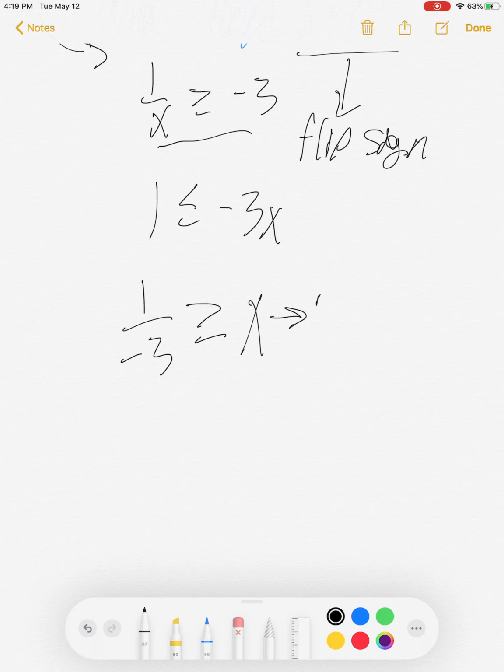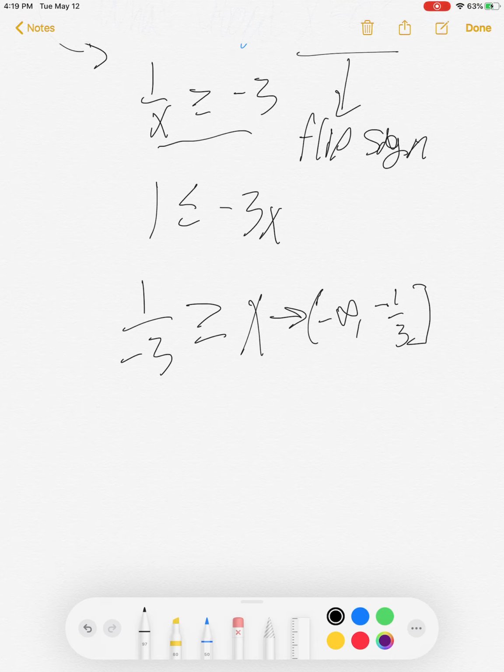This corresponds to the interval negative infinity to negative 1/3, and we are closing it at negative 1/3 because we are allowed to include that point. Okay?